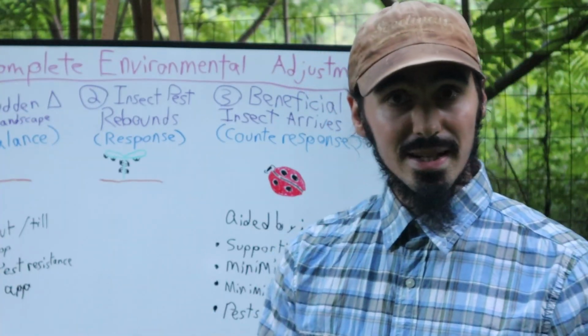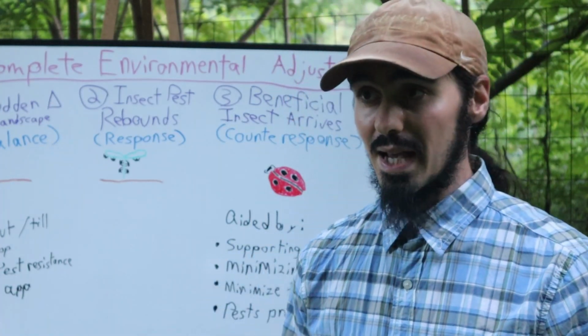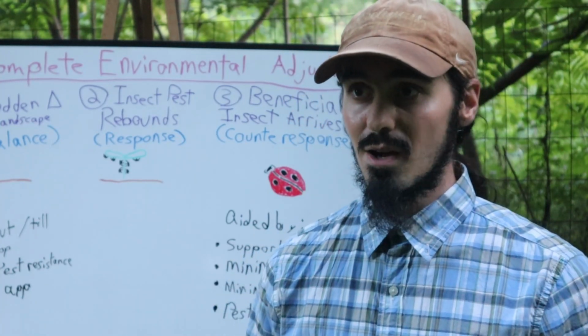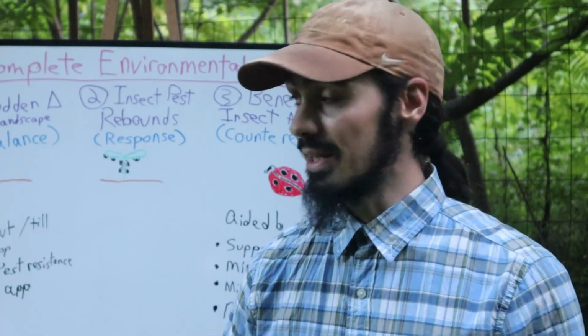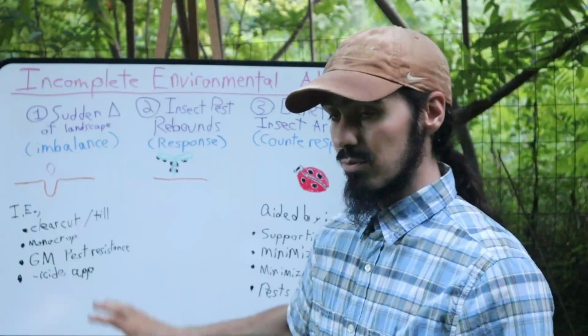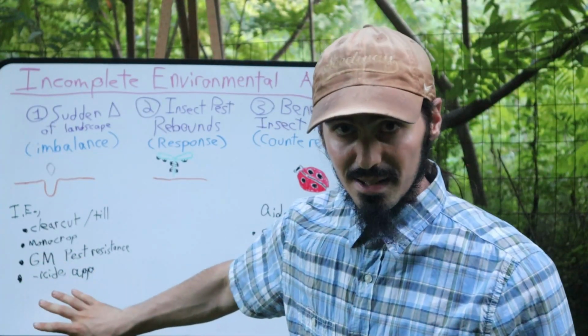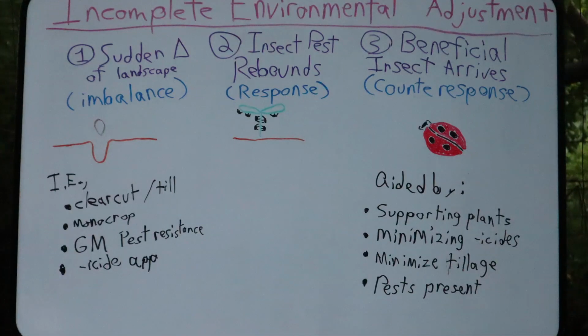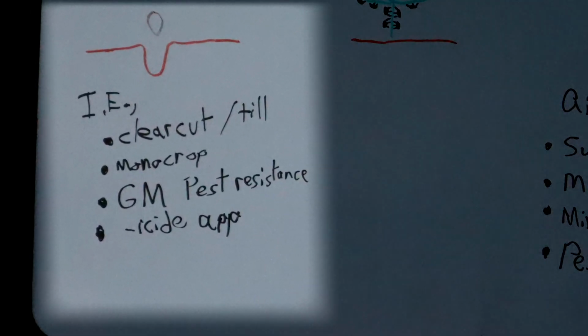However, this can take a little bit of time, and it can take more or less time depending on how we are or have been interacting with that local landscape. If we're using all those different pesticides, maybe even some of the BT crops, and we are damaging the soil ecology to a meaningful degree, then the beneficial insects are going to have a much tougher time rebounding to take care of the pest pressure.